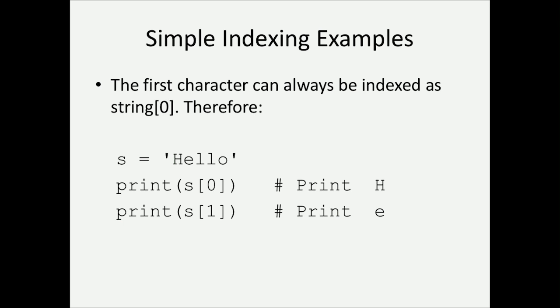I say s bracket 0 close bracket, remember, first character, and I'm going to get the first character, which is a capital H. When I refer to the second character, I'll say s bracket 1, and that gives me a lowercase e, and so on.